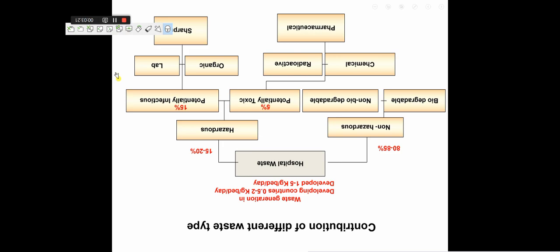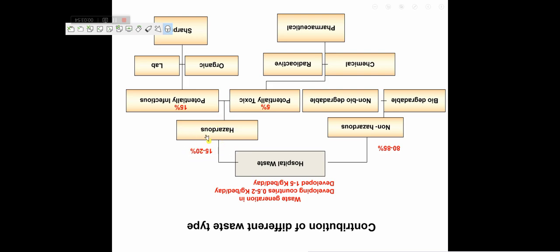Here we will be discussing the contribution of different waste types. Waste generation in developing countries is 0.5 to 2 kg per bed per day, and in developed countries 1 to 5 kg per bed per day. Here you can see the hospital waste, non-hazardous and hazardous.